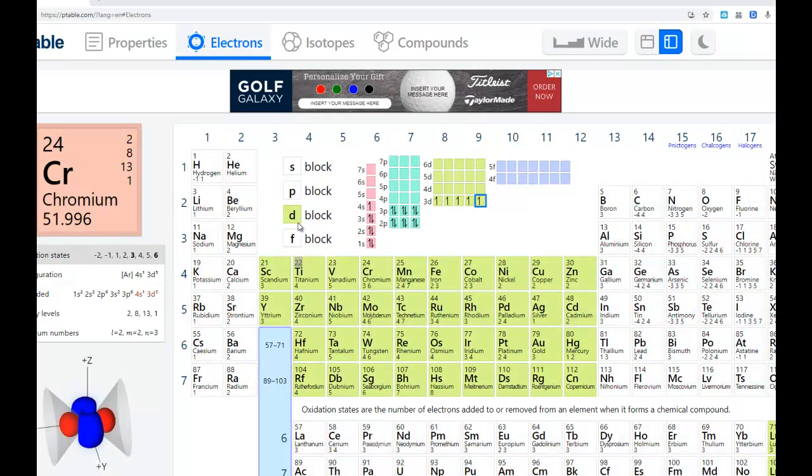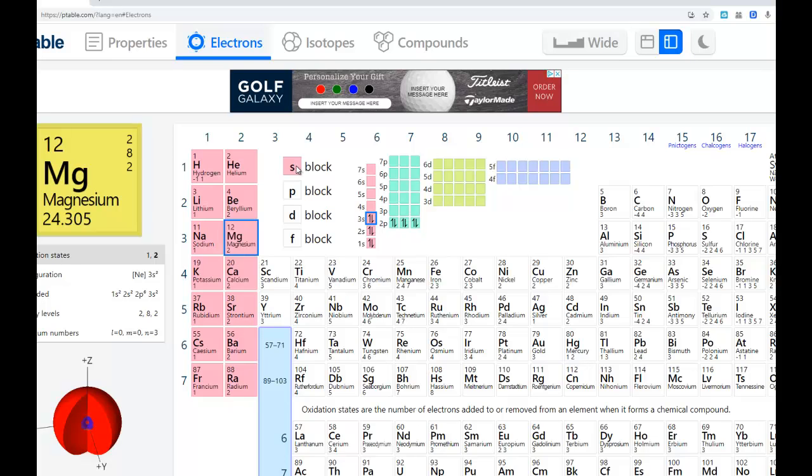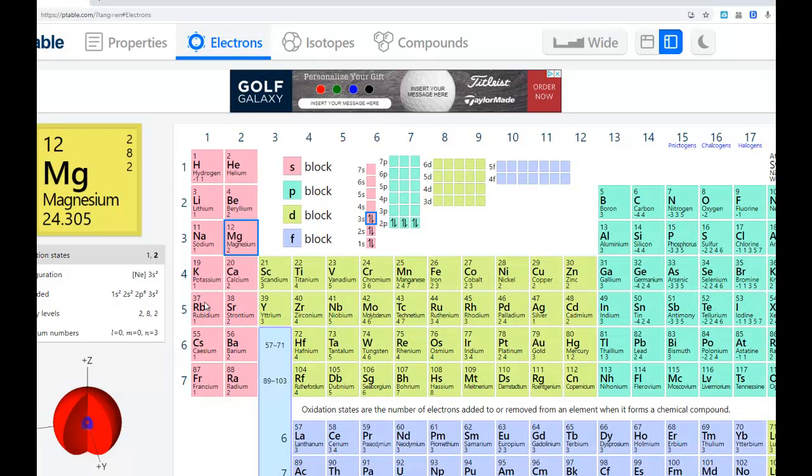When you look at the periodic table, you'll find magnesium here in the S block. All of the elements here end up having their electrons in one of the S subshells. It can be 1s, 2s, 3s, 4s, 5s, 6s, 7s.